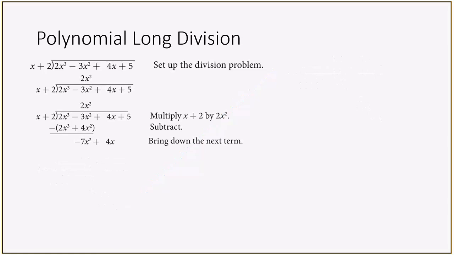So now I think, okay, what can I multiply x by to get negative 7x squared? Well, the answer is negative 7x. So negative 7x times x is negative 7x squared, and negative 7x times 2 gets me negative 14x. I actually pulled this example from the book, and they made an error here that you should try to avoid.